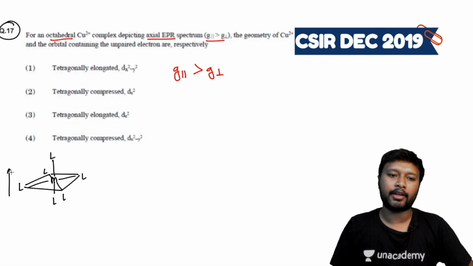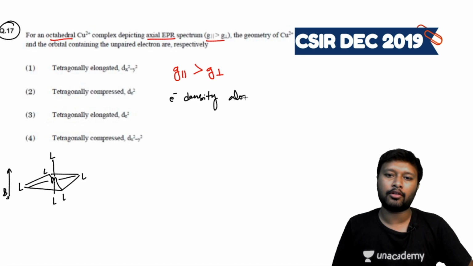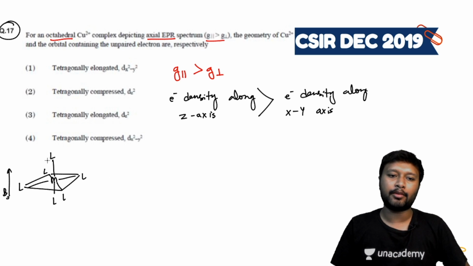And your external magnetic field is also being applied along the same direction. So if G parallel is more, that means the electron density along Z axis is actually greater than electron density along xy axis, okay.